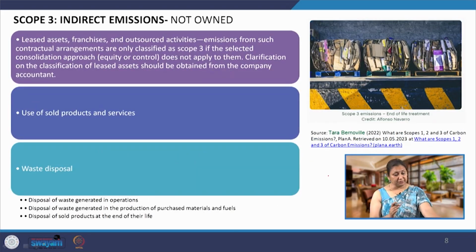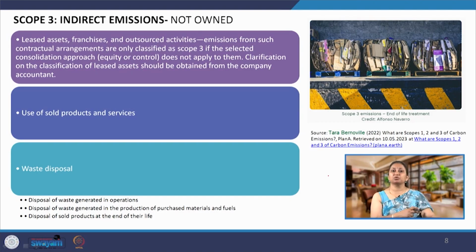We also have indirect emissions resulting from leased assets, franchisees and outsourced activities. Very large multinational companies will not always have assets which are owned. They could be leased assets or franchisee assets. So, scope 3 emissions would cover the emissions resulting from the leased or franchisee units.